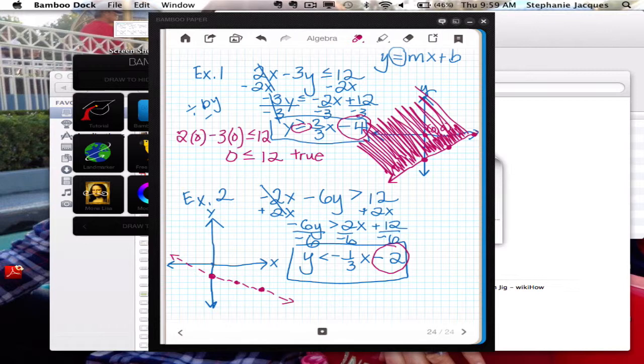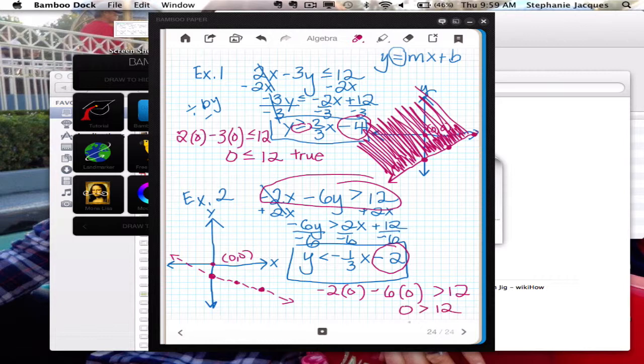Now we're going to pick a point to plug in, and because that 0, 0 isn't on the line, I'm going to plug that one in because it's easy to plug in. So I plug in my 0, and I'm using that original equation up at the top. That's going to give me 0 is greater than 12.